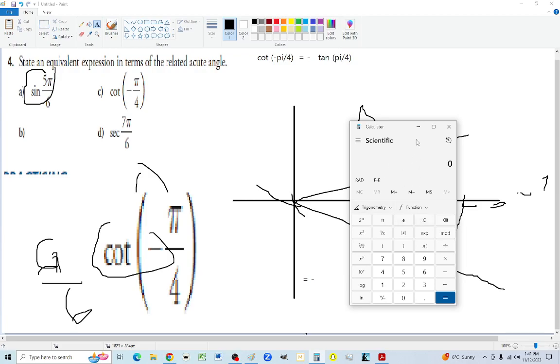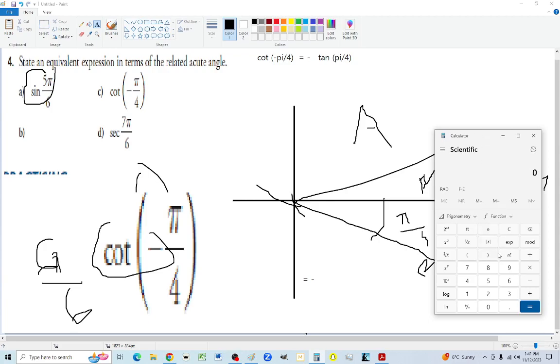Okay? Now, if I were to hit pi over 4, which is in quadrant 1, and hit cotangent, let's make sure, let's go back. I forgot to make sure that it's a negative angle. There we go. Cotangent. Sure it is. -1. Right?